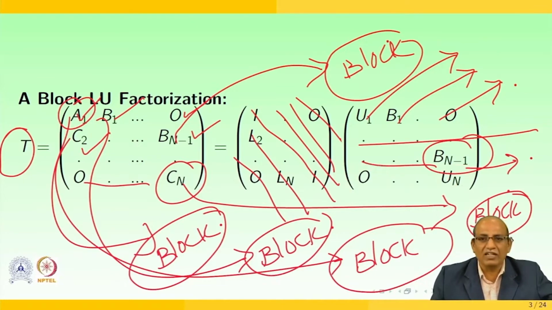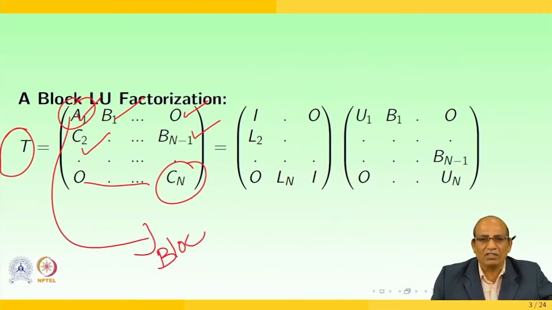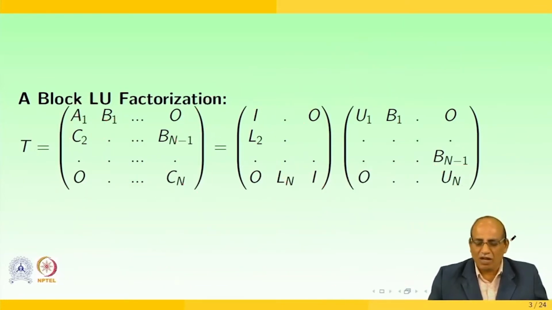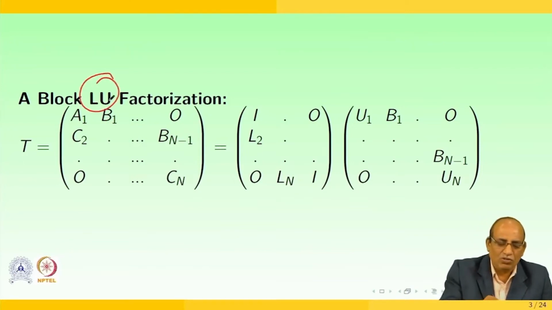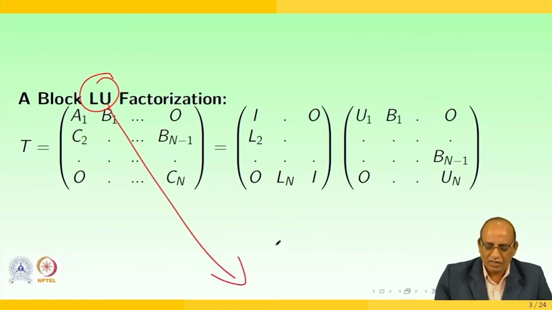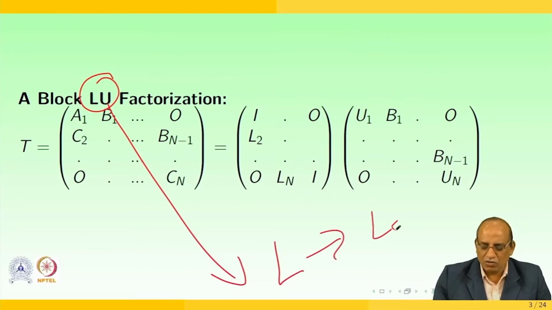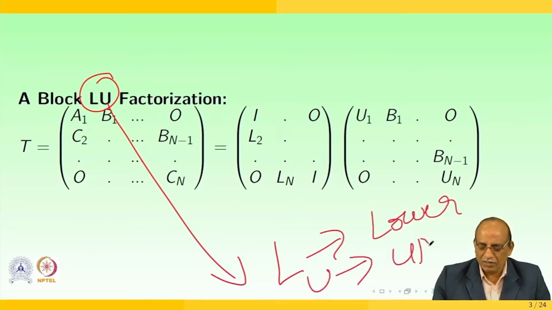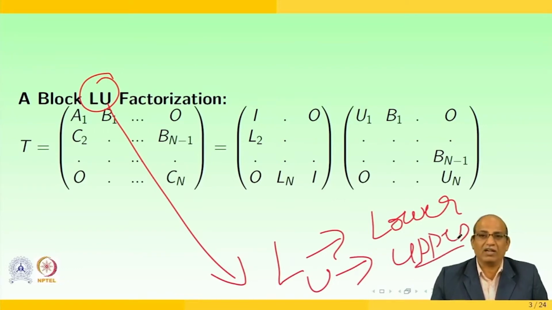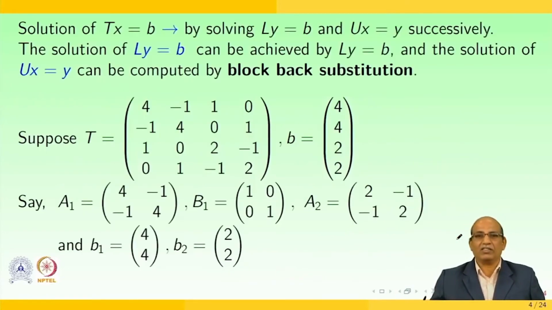So you have many blocks, and ultimately I want to write this as the LU decomposition, where L is the lower triangular matrix and U is the upper triangular matrix, as we did in the previous case.